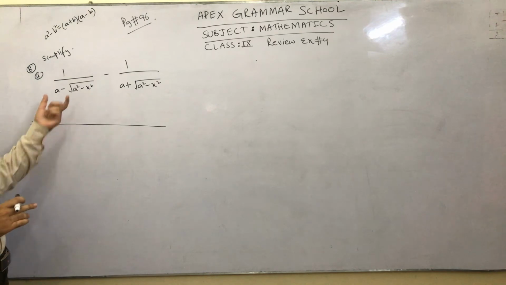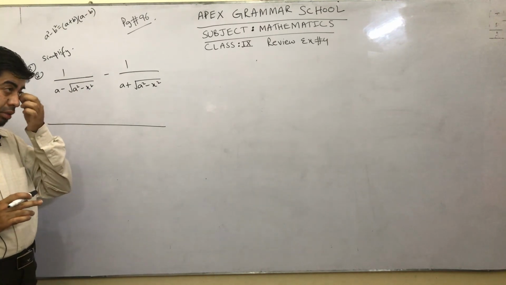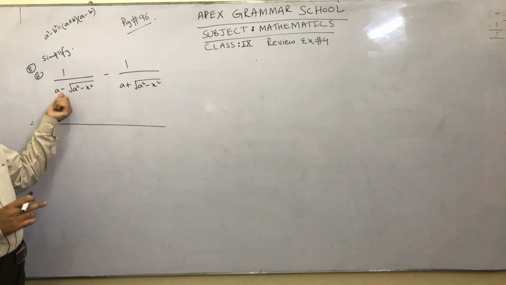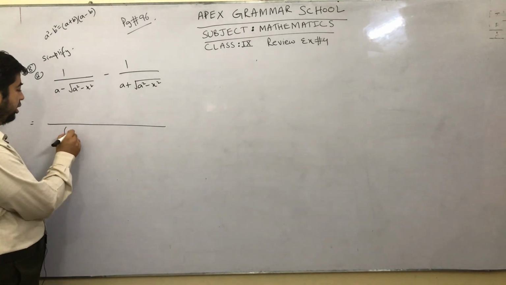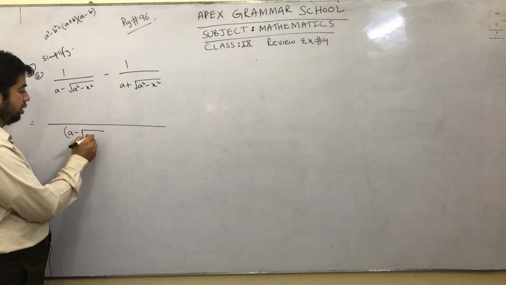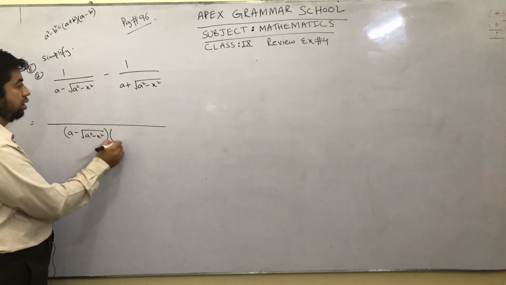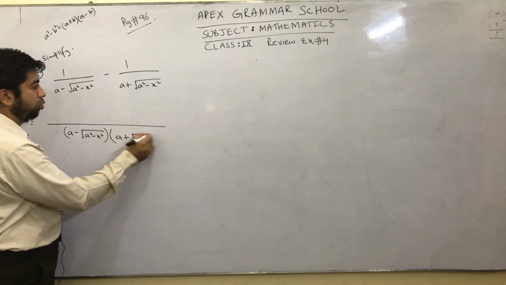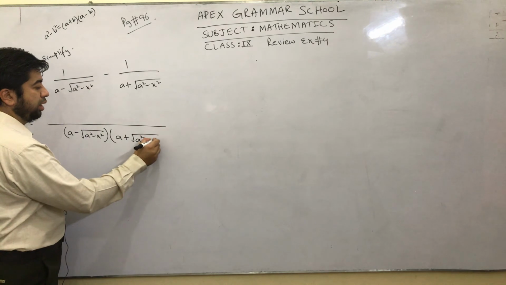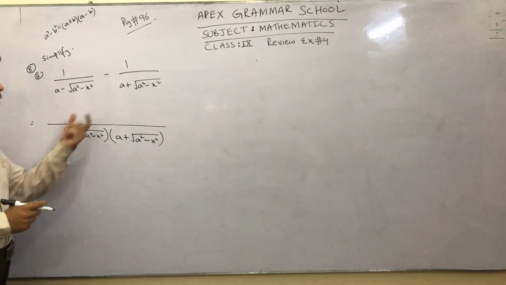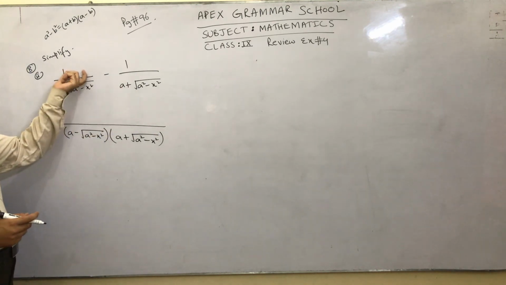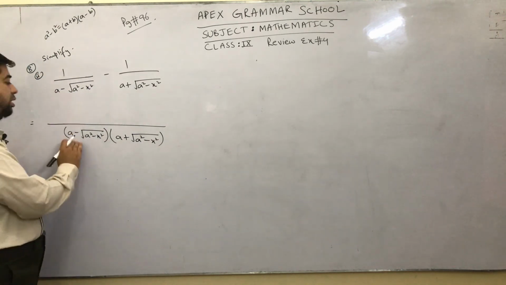These two values are totally different because this contains a negative sign and this contains a positive sign. So the LCM will be a minus square root of a square minus x square into a plus square root of a square minus x square. After taking the LCM, this value is going to multiply with this one, meaning that this is cancelled.